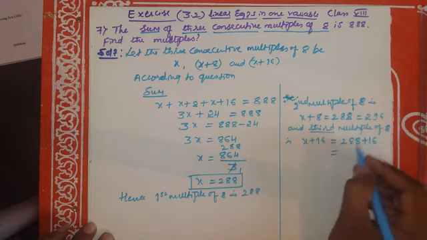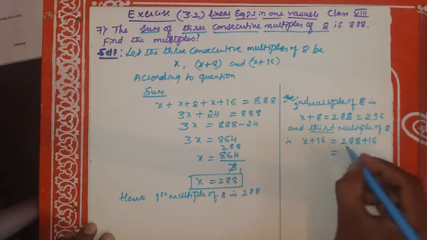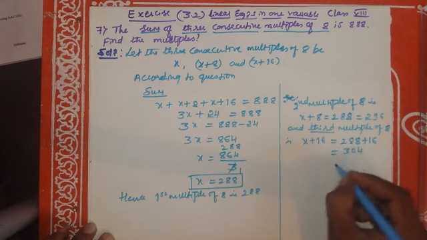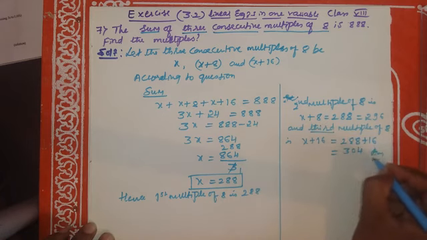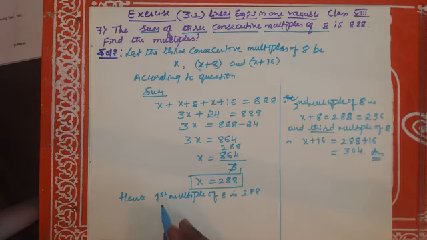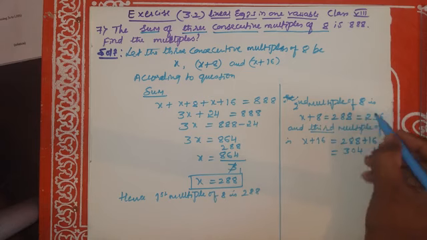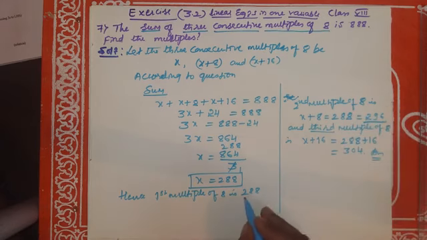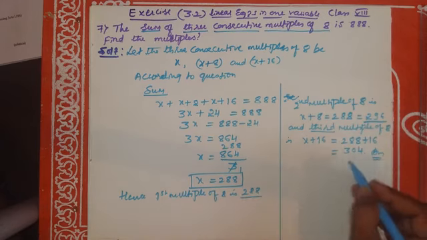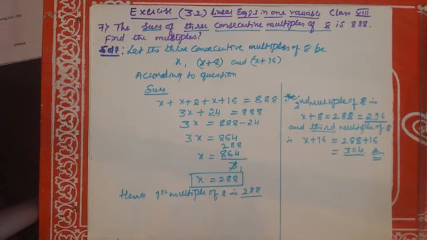We should add this one. After adding we will get 304. So we got here, first multiple of 8 is 288, second multiple of 8 is 296, and third multiple of 8 is 304. This is the right answer.